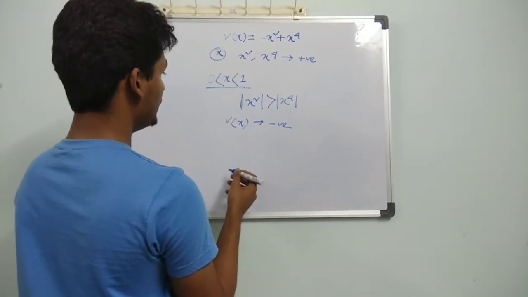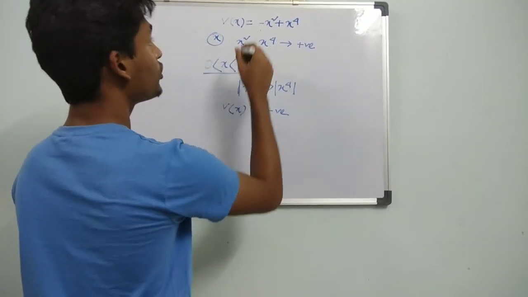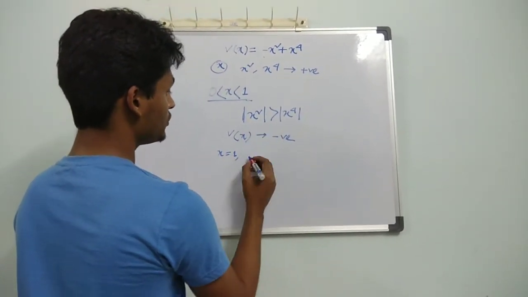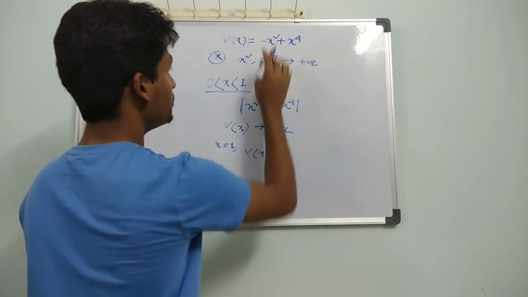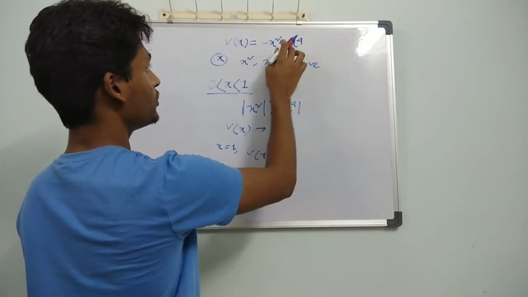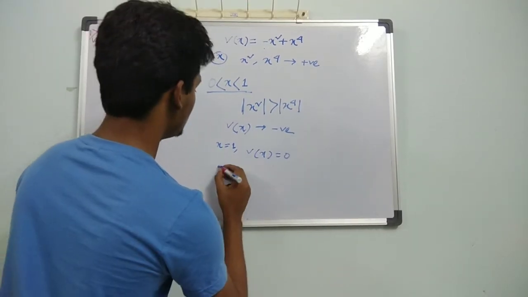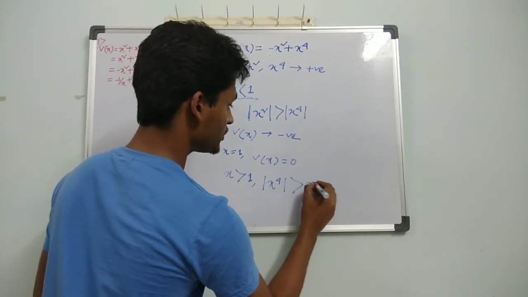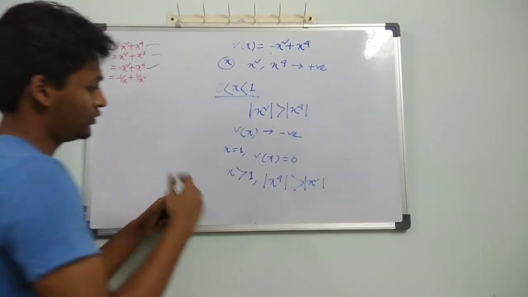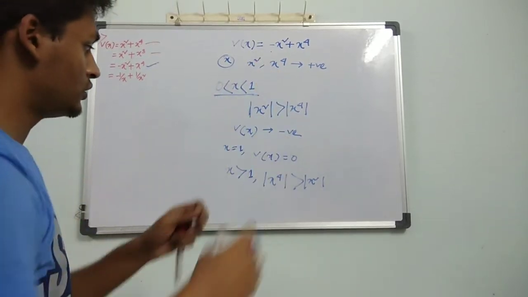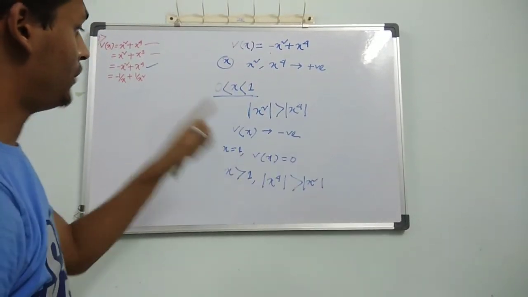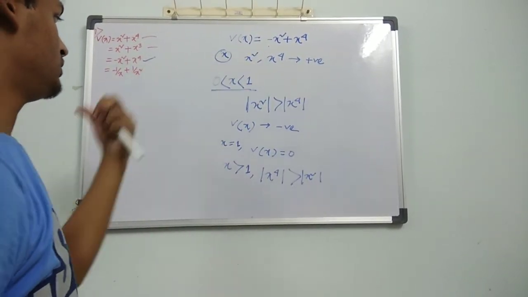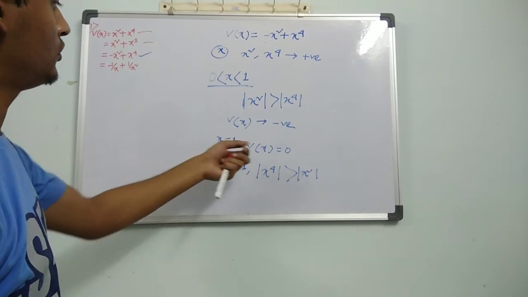And at x equals 1, Vx will be 0, because minus 1 plus 1 is 0. And if x is greater than 1, then x to the power 4 is always greater than x square. So from 1 onwards, the plot will be positive. At 1, the plot will be 0, and from 0 to 1, it will be negative.